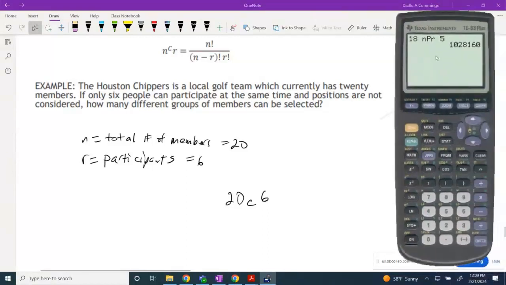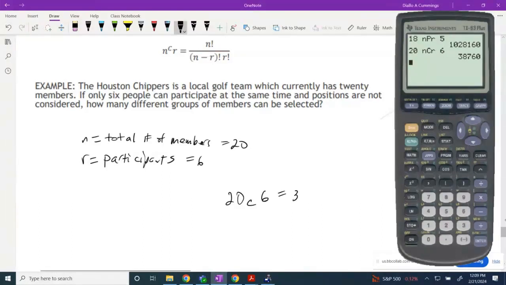So if we calculate this in the calculator, I'm going to put in my total, which is 20. I'm going to go into probability. I'm going to use that third function. All right. And we're going to choose 6.